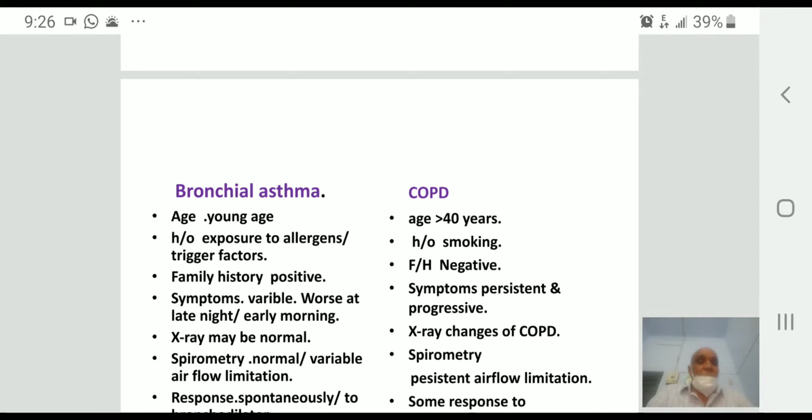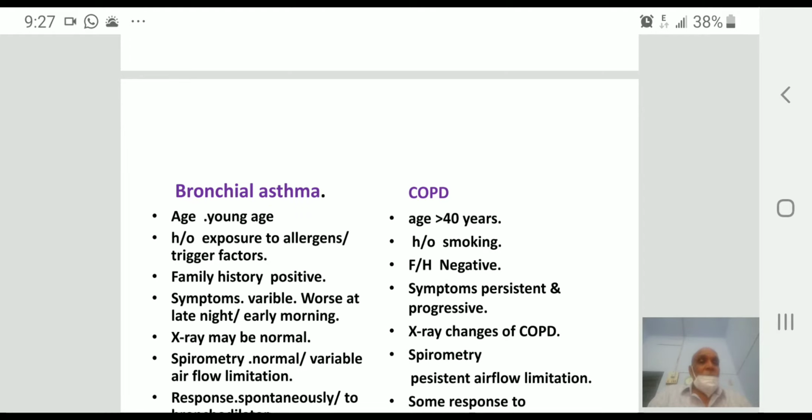Symptoms are variable in asthma, worse at late night or early morning. In COPD symptoms are persistent and progressive, and the patient has shortness of breath, grade 2. Later, a patient of COPD may have shortness of breath grade 3 or 4, but not grade 1.